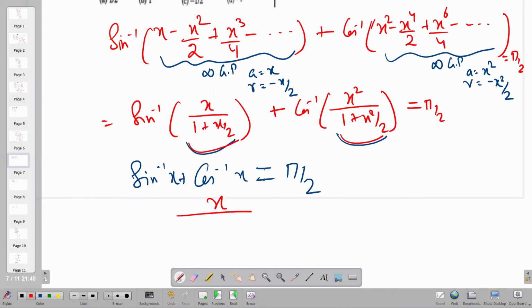So I write this as x upon 1 plus x by 2 equal to x square upon 1 plus x square by 2.